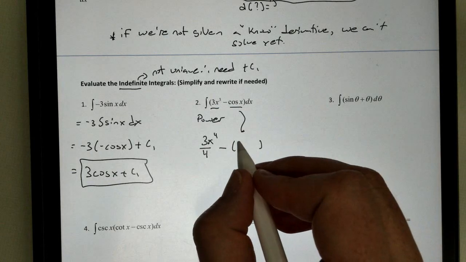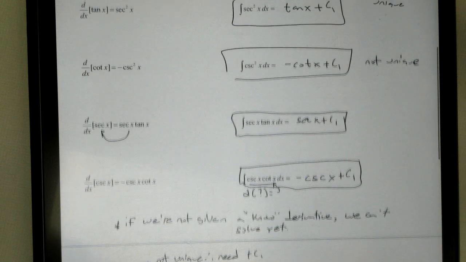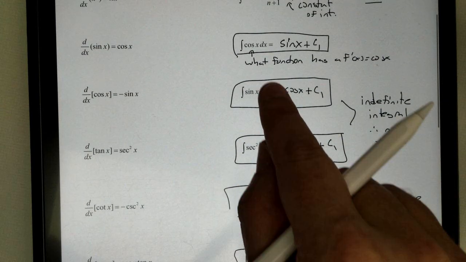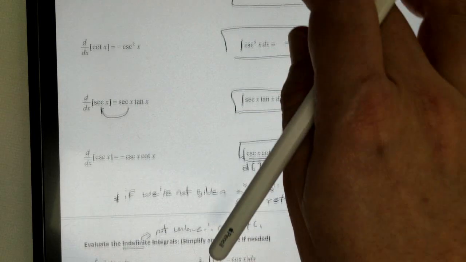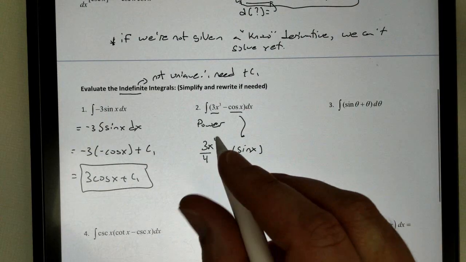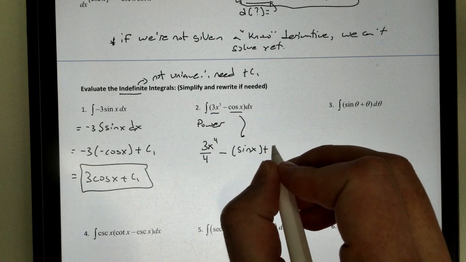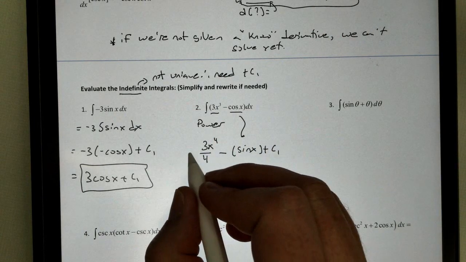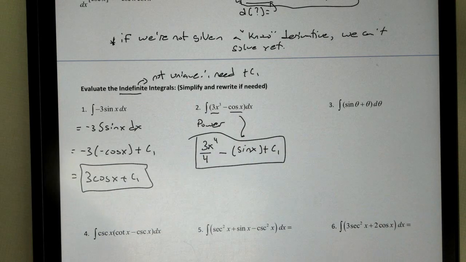Well, that's just sine of x. And I can verify that up here. If I go up for antiderivative of cosine, it's just sine of x plus your constant. Now notice I'm doing a little bit different. Yes, I didn't split all these up. Plus c, don't forget the constant. And you can leave it like this, or you can get rid of the parentheses. This is fine. That's cool to have.